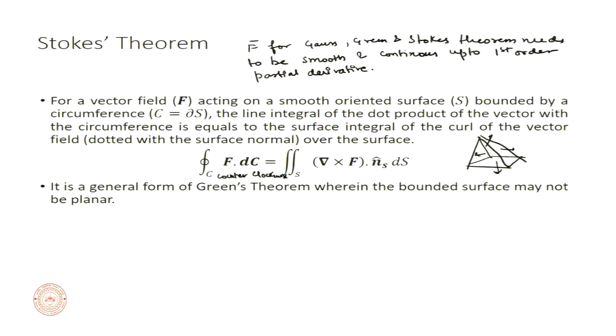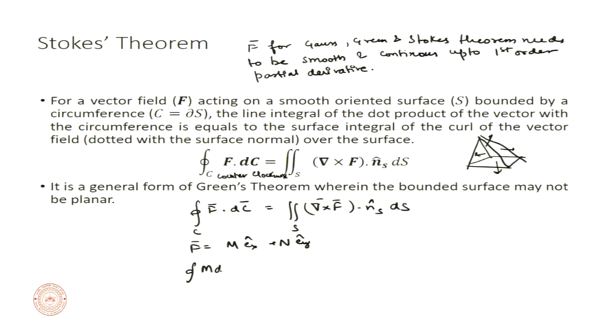Okay, so let's write it down again. The cyclic integral over c of f vector dot dc vector equals the surface integral of del cross f, that is the curl of f, dotted with n cap dS. If you want to write it in 2D, say f vector equals m along ex and n along ey. Then the cyclic integral is m dx plus n dy, which equals our surface integral.